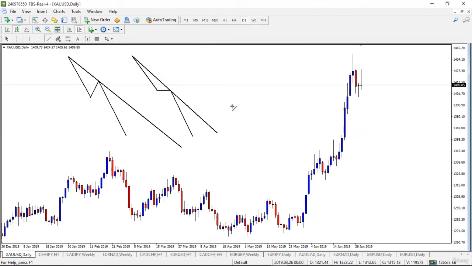Similarly, if it's going up, if you have something like this, this is a correction, a pullback, then a continuation. All right, you can trade these ones, or you can connect a trend line going up.